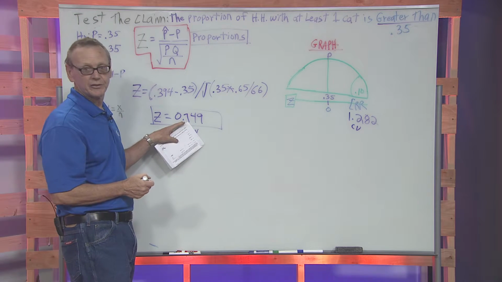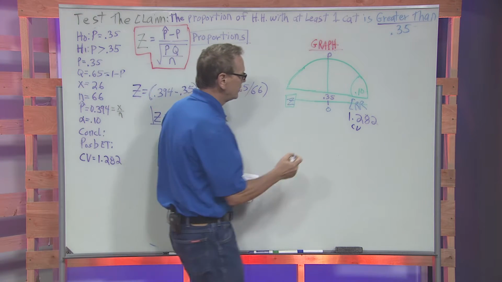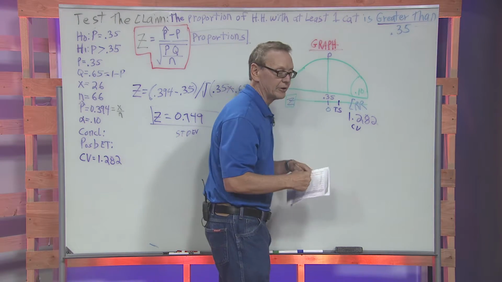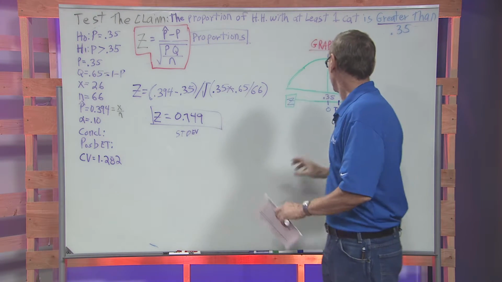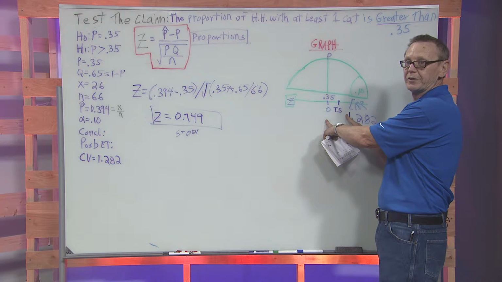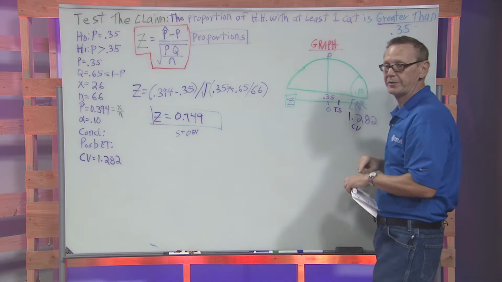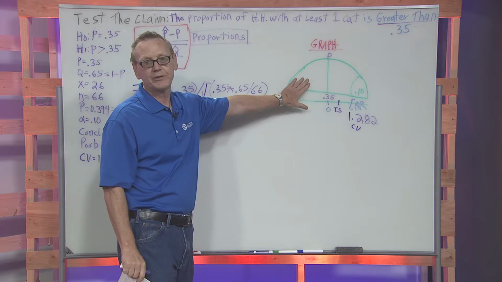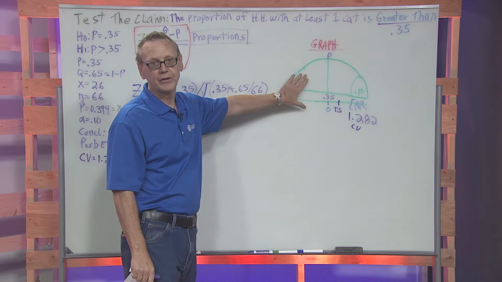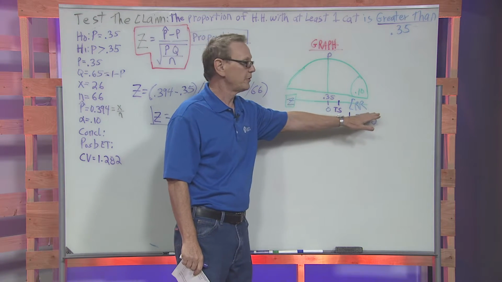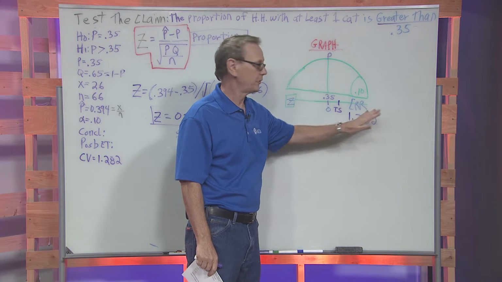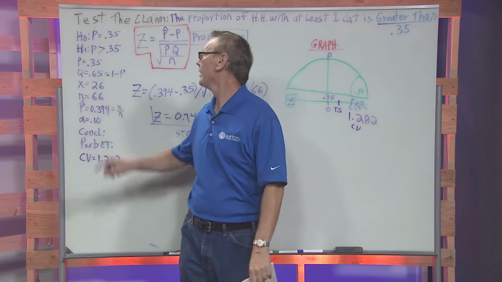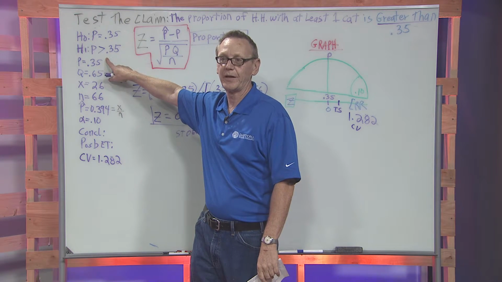Our test statistic is 0.749, so that's somewhere over here. It falls in the fail to reject region. The fail to reject region is between 0 and 1.282. The rejection region starts at 1.282 and goes towards the right. You should never have a test statistic on the left side of the bell curve if you have a rejection region on the right. If you get a test statistic on the left and a critical value on the right, make sure your inequality is correct.